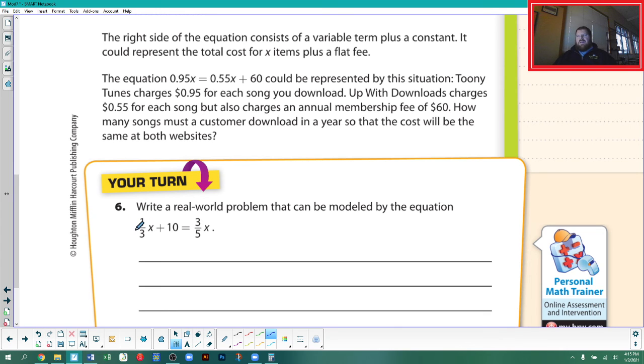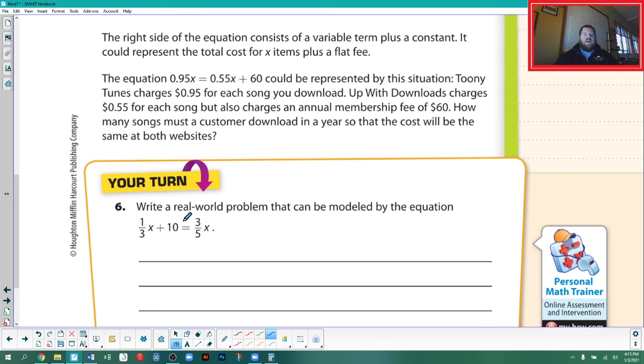So what we're looking at is the same kind of situation, where one side has a variable and a constant, and the other side just has a variable. So one of them has some flat fee going on, or some base charge. But I'm going to leave it up to you for how you want to write that. I always think of carpeting companies installing carpet on problems like this.